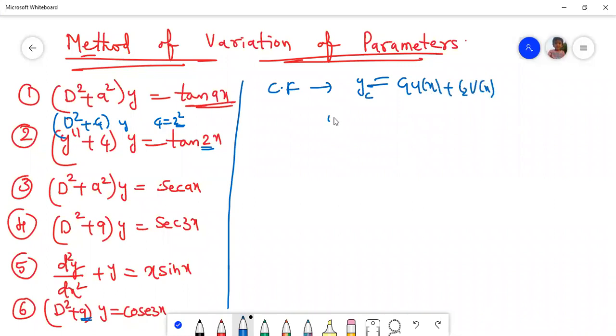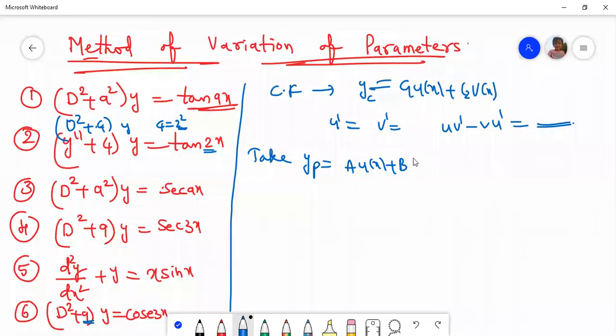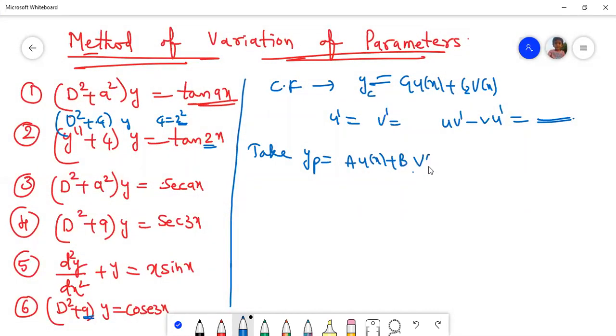Next, find u' and v', then taking the determinant uv' minus vu', we get some value. Next, take yp equal to a u(x) plus b v(x). Here a and b are functions of x only. These a and b are the parameters.